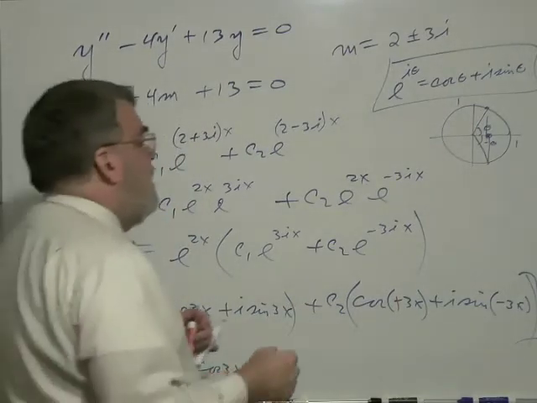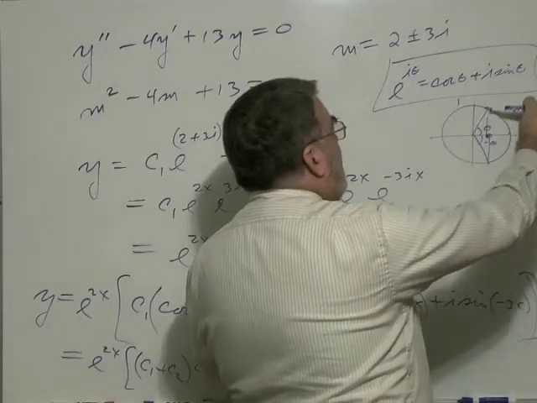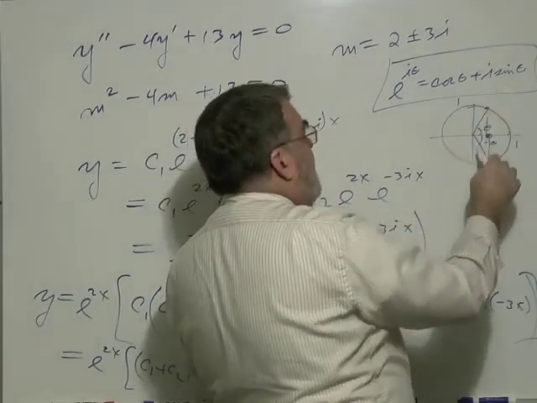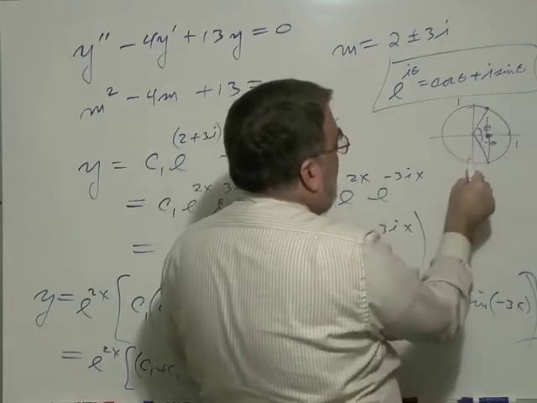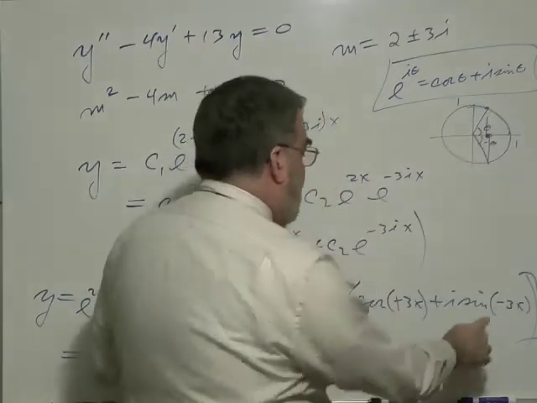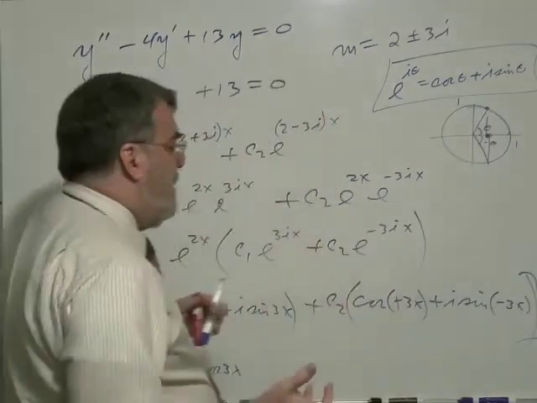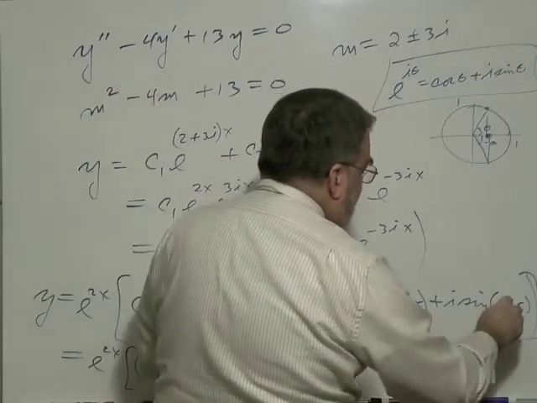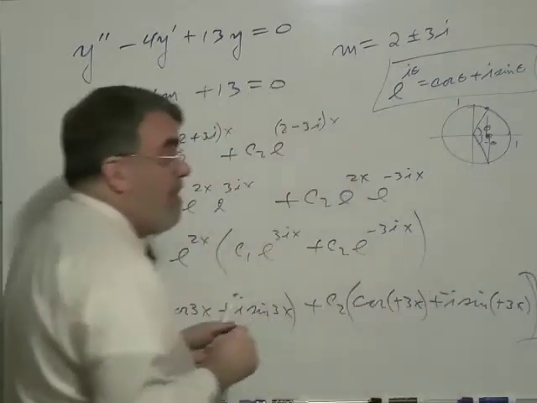Now sine is opposite because the sines are the y values, and so the sine of positive theta is up here and the sine of negative theta is down below. So when the minus is inside the sine function, if I were to cancel this negative, I've got to, in this case, bring it out front.